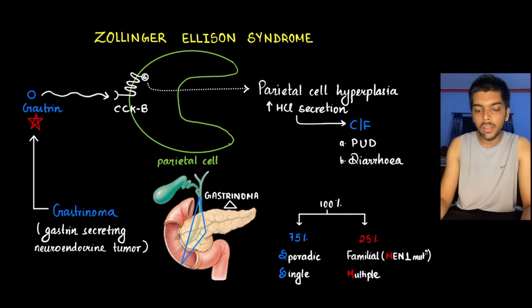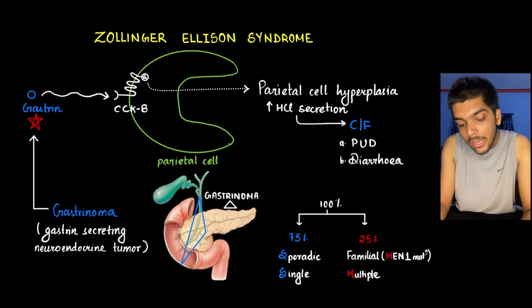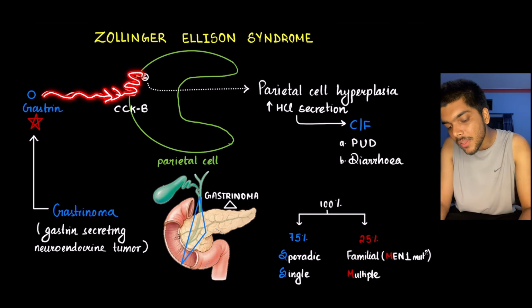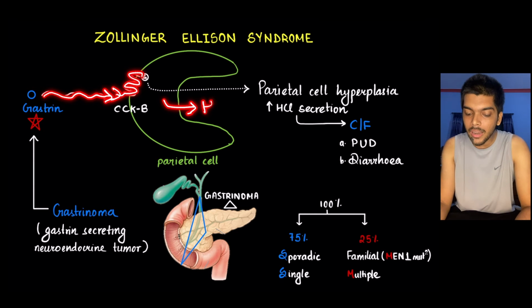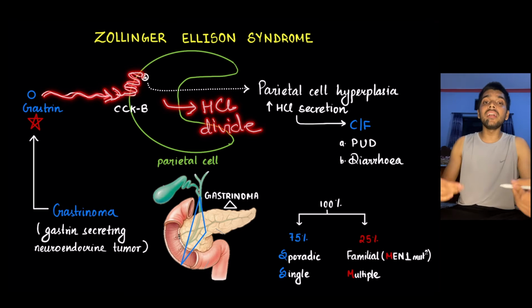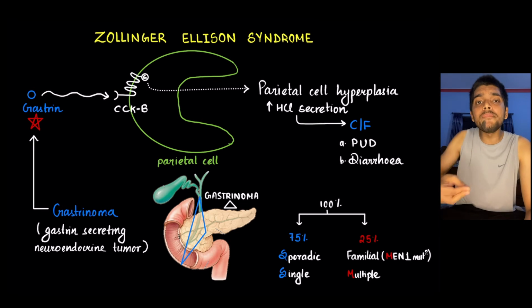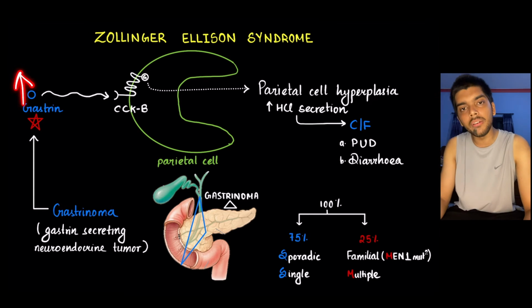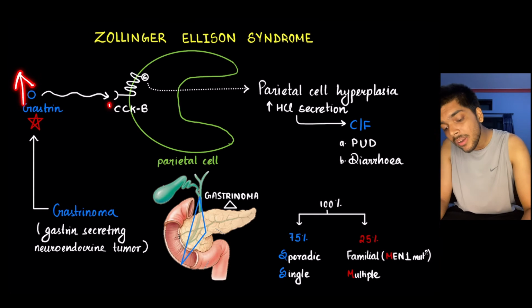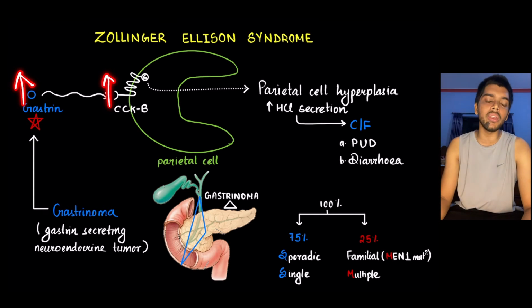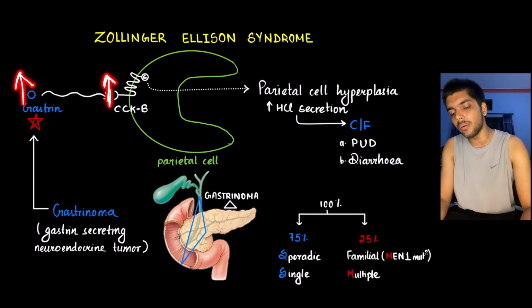Two things, okay? So gastrin, which is a local hormone, it binds with G protein coupled receptor present on the surface of the parietal cell and triggers the parietal cell to go through two things. Number one, secrete HCl, and number two, divide. Now let's say there is somehow an abnormal increment in gastrin. Then what happens? There is abnormal triggering of this G protein coupled receptor, increased stimulation of G protein coupled receptor.